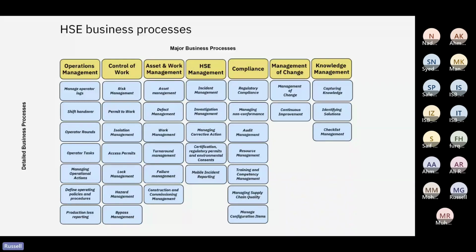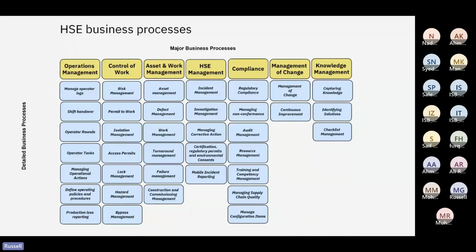And so then if we keep moving right into the HSE management process flow, you have a traditional incident management process. From an IBM perspective, we split incidents and investigation management into separate applications. So you can create an incident, and if it needs further investigation and analysis, you do that in a separate linked application.